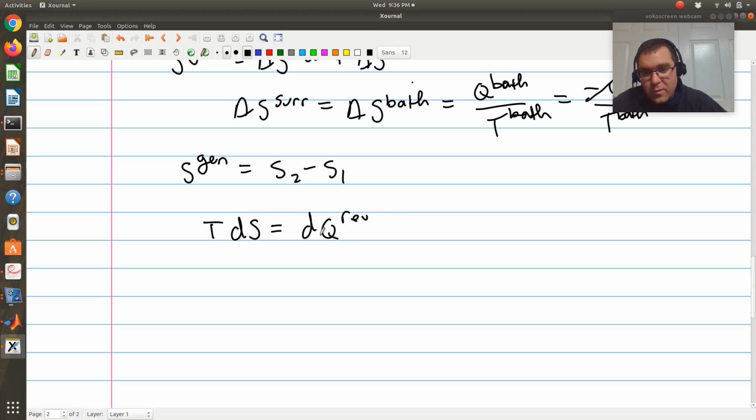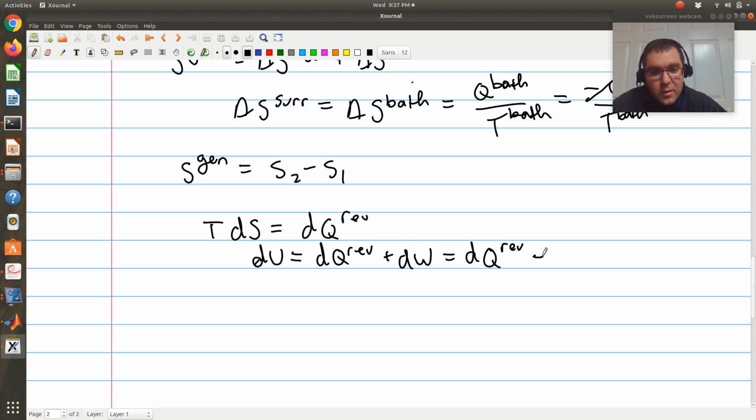To get dq reversible, I think to my first law. My first law in differential form is du is equal to dq, which I'm writing as reversible because I'm dealing with a reversible process, plus dw. I'm assuming the only work is boundary work, so that's a minus p dV.